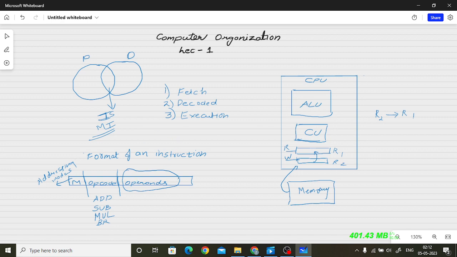Suppose 100 is present in the operand part in direct addressing mode. It will reach out to the 100th location of our memory, and whatever data is present at this location is going to be our operand.